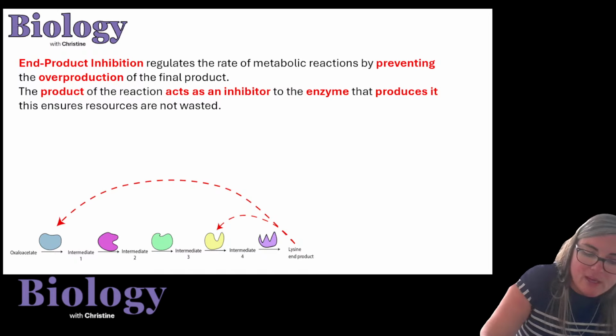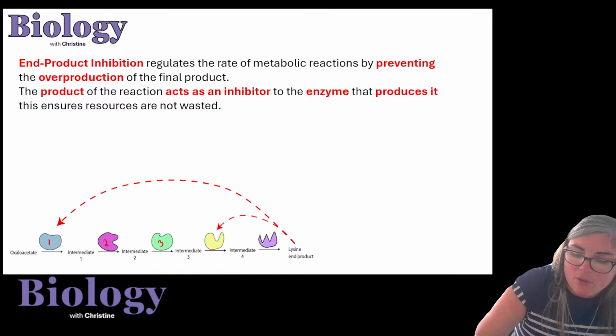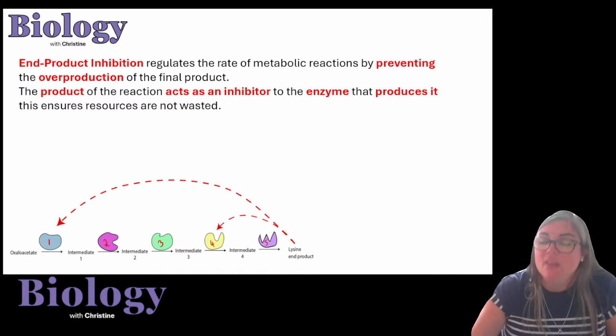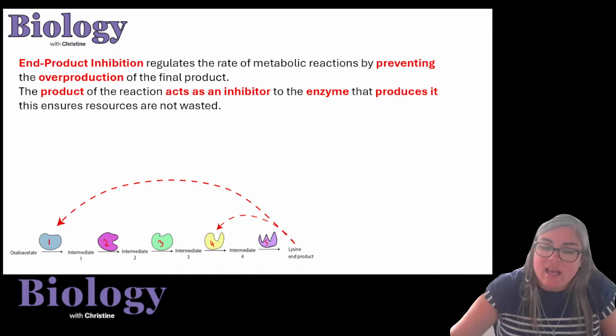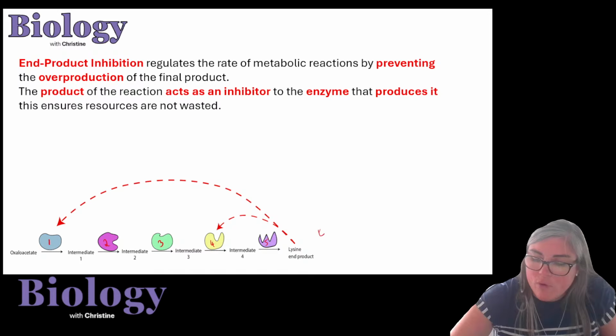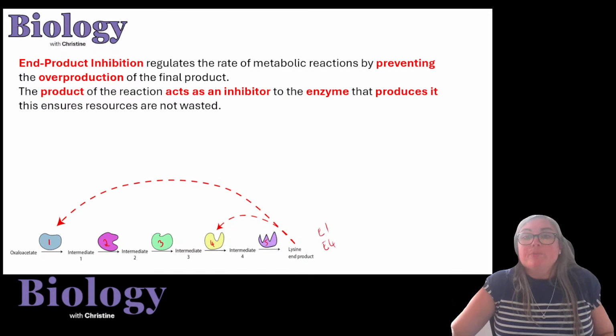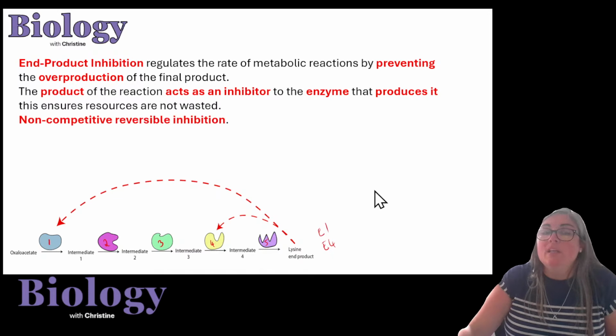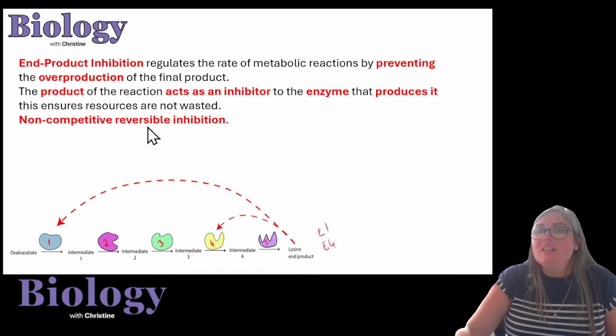If I call that enzyme number 1, enzyme number 2, number 3, number 4, number 5, I can then say that lysine is an end product inhibitor for enzyme number 1 and enzyme number 4. Now, because we know it's an end product inhibitor, we know that it's going to reversibly inhibit.